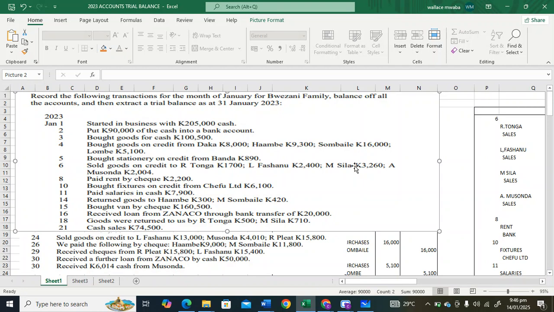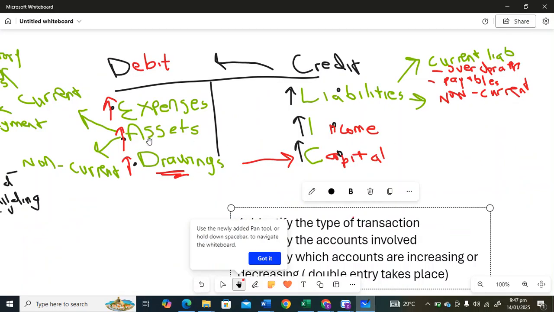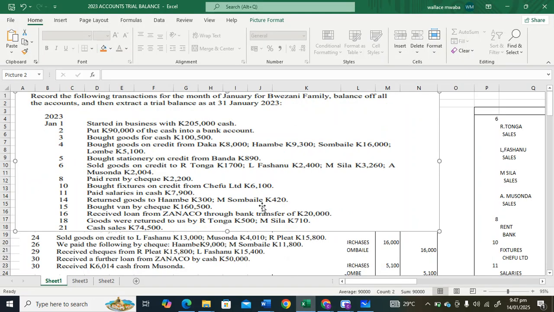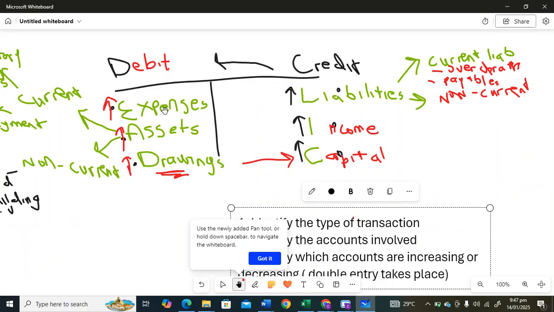Are they both increasing? Is one increasing, the other decreasing? Wonderful. And cash is an asset account, so if it's decreasing, we credit, right? And which is increasing? Yes, purchases is an expense account, so you debit.